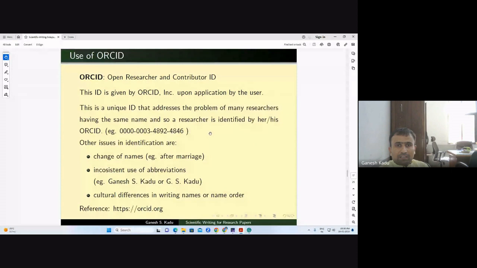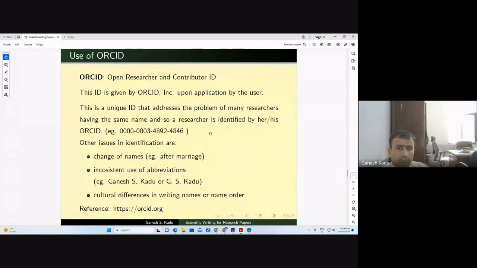And what does this unique ID do? It addresses the problem of multiple names. So by the name Ganesh Kadu, you will have several people. It's a common name, let's say. Then there's a problem with attribution.